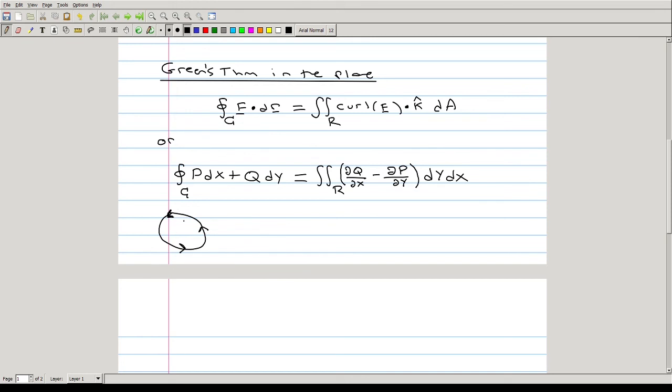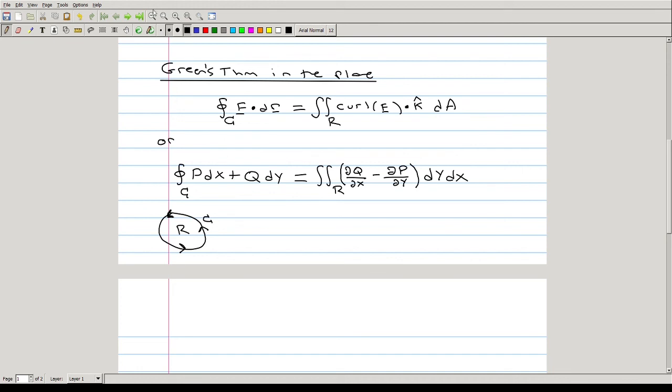So for instance, if this is our curve C and this is our region R, we're always going to be taking our integrals where R lies to the left as you traverse the curve, as you go around the curve. And it's always important to specify this orientation because we know that if you switch the direction of a line integral, you get the negative of that line integral, which will be very, very important coming up.